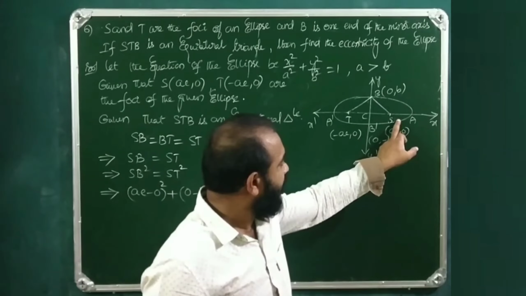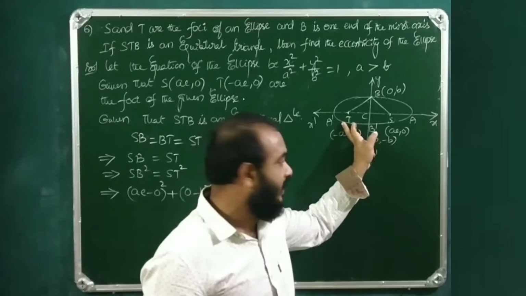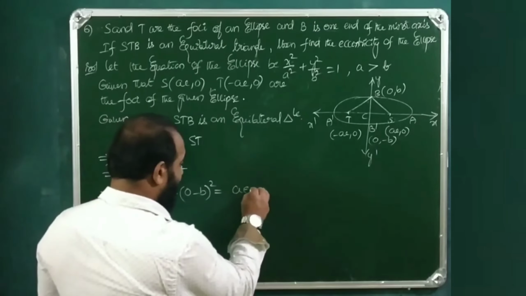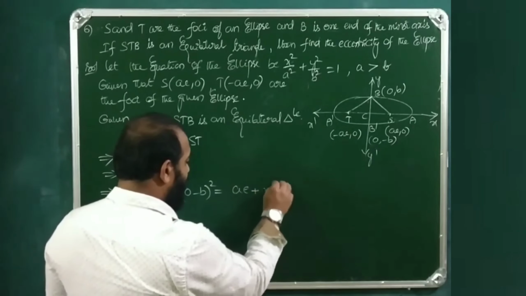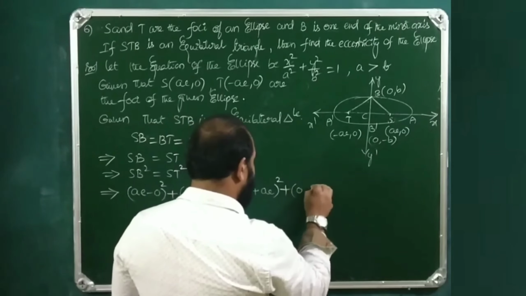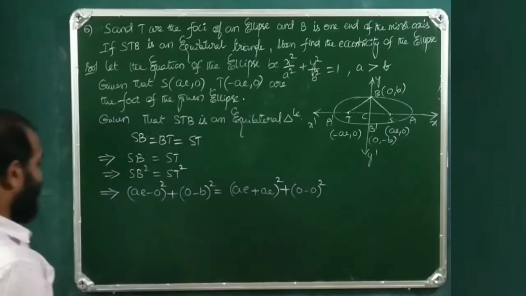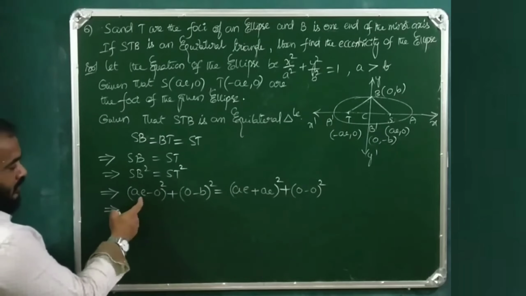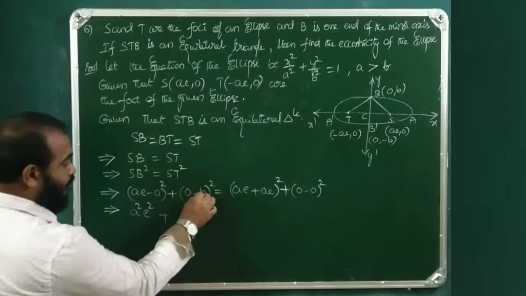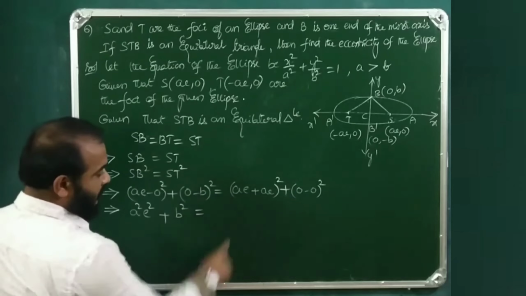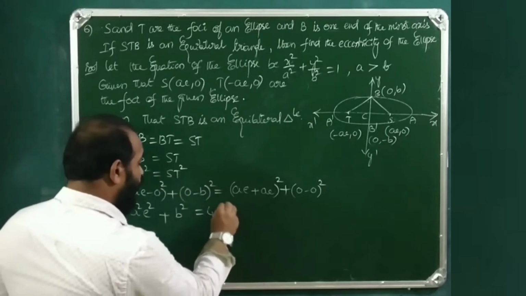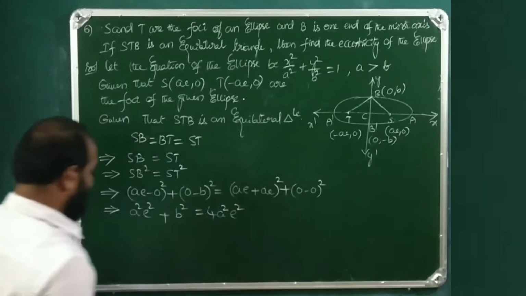So the distance between S and T, the distance between the foci, is AE minus of minus AE, which is AE plus AE whole square plus y2 minus y1, 0 minus 0 whole square. This is A square E square, this is B square, this is AE plus AE, 2AE whole square, which is 4A square E square.